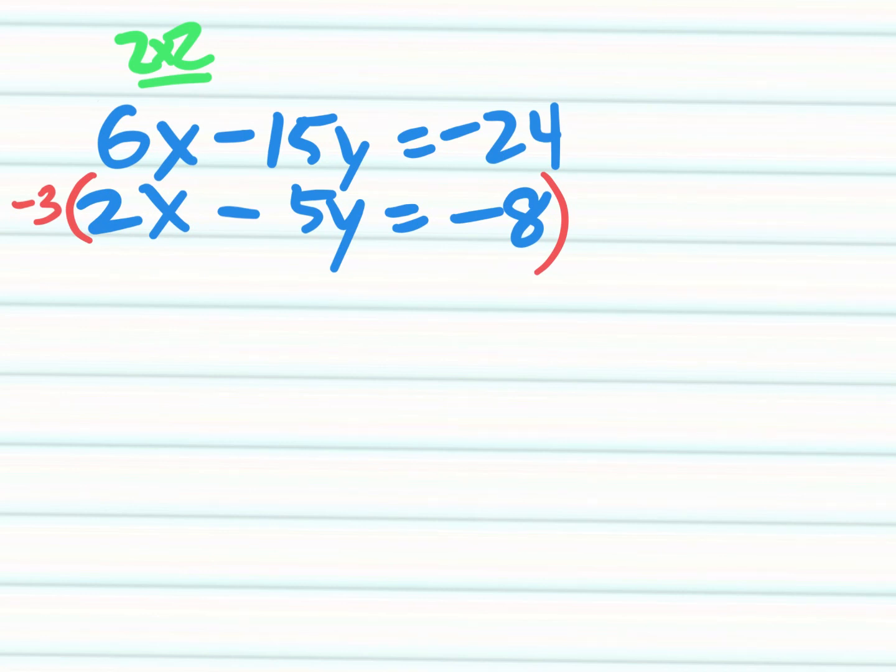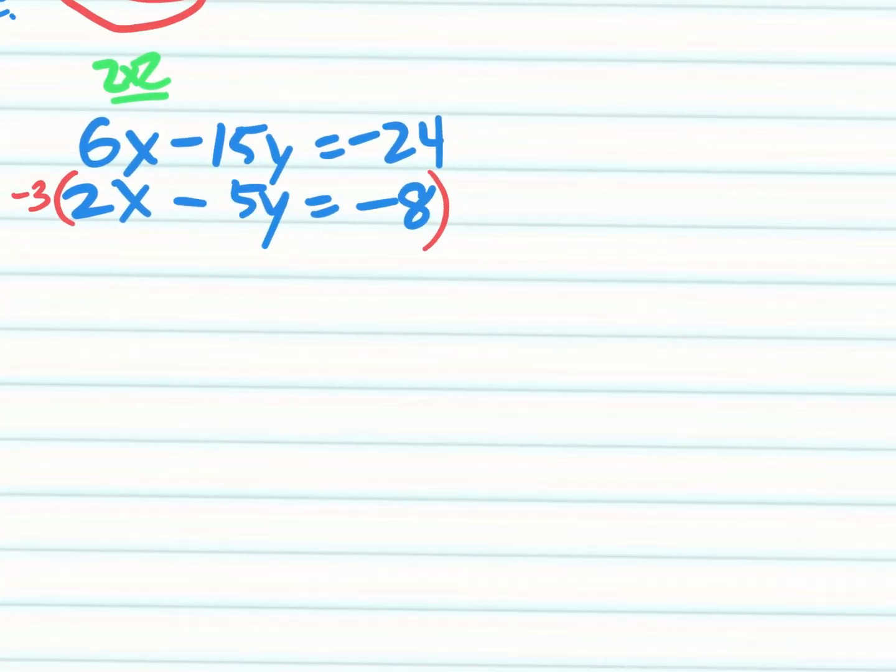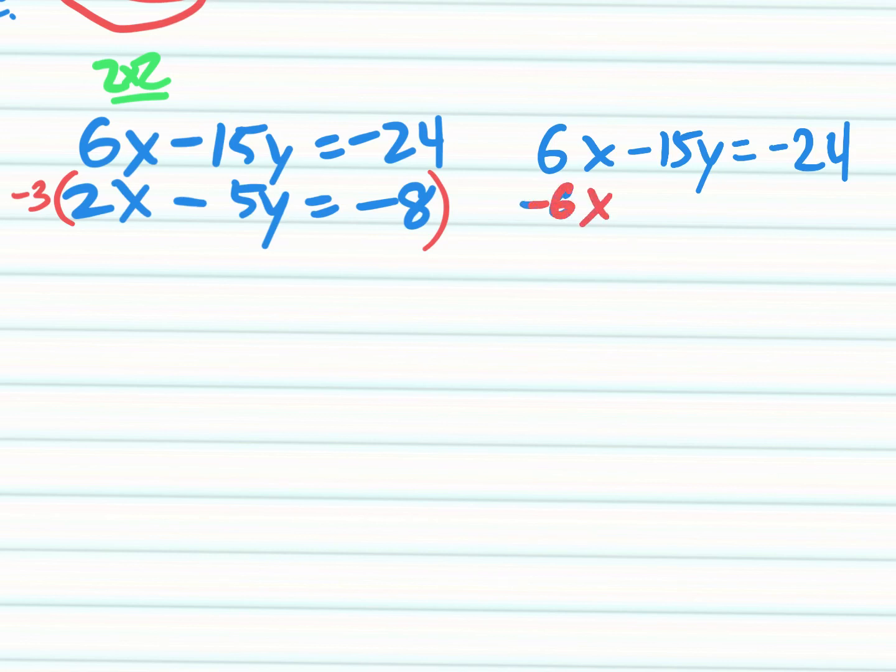So up on top, we end up with the same exact equation. It would have definitely been easier to divide. On the bottom, distribute that -3, that's -6x plus 15y equals +24.